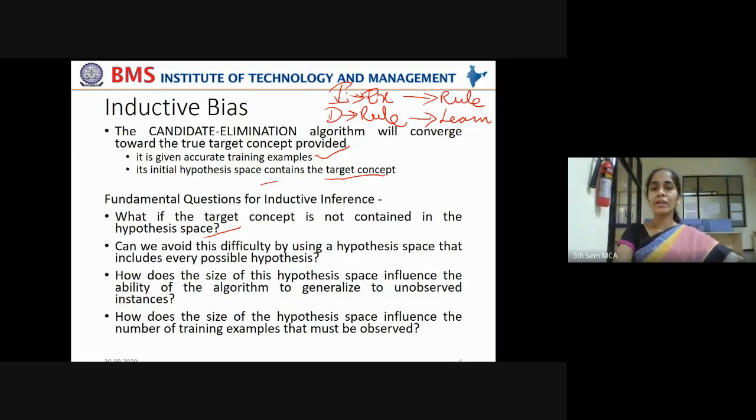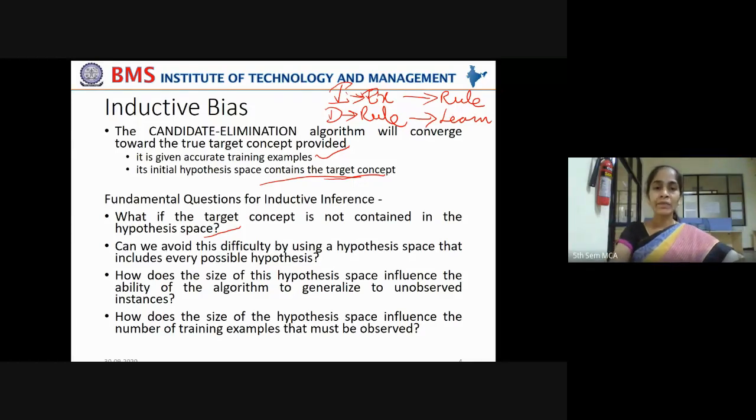Okay, if the target concept is contained in the hypothesis space, it can learn and eliminate some hypotheses which are not applicable, and finally come out with a set of hypotheses that are consistent with the training examples, because the target concept already exists in the hypothesis space. If the target concept is not covered in the hypothesis space initially, what will happen?